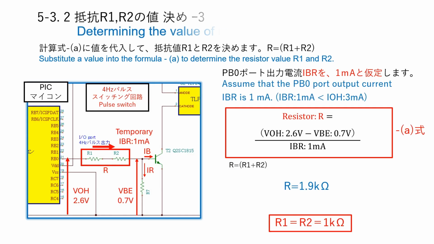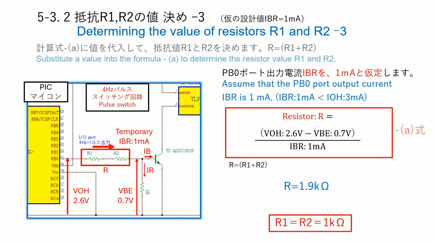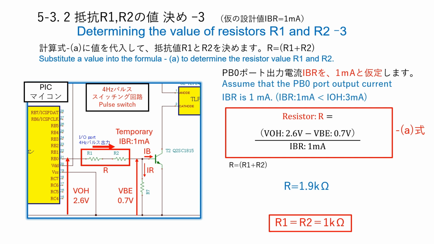5-3.2 Determining the value of resistors R1 and R2-3. Substitute a value into formula A to determine the resistor values R1 and R2. Assume that the PB0 port output current IBR is 1 mA. IBR should be less than the PB0 port maximum high output current IOH 3 mA. Output high voltage VOH 2.6 volt.